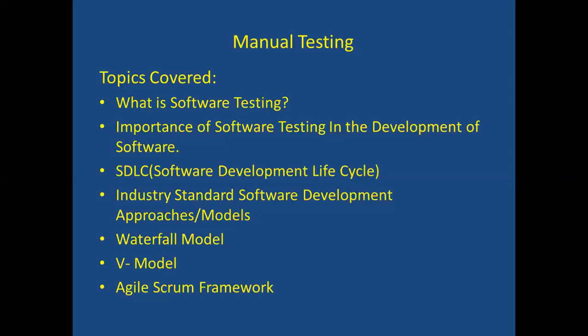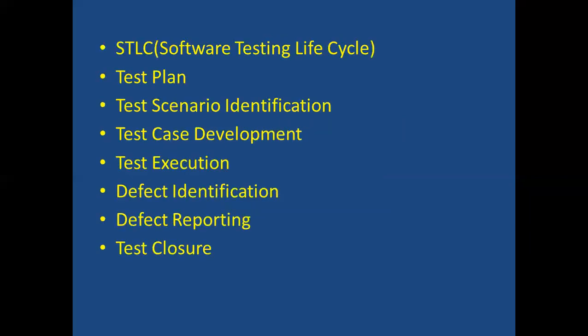We learn about the different approaches, and thereafter, once we have a project in hand, how exactly it is tested. For that, companies follow a standard approach that we call the software testing lifecycle, or STLC, which involves different steps like planning, test scenario identification, test case development, and test execution.